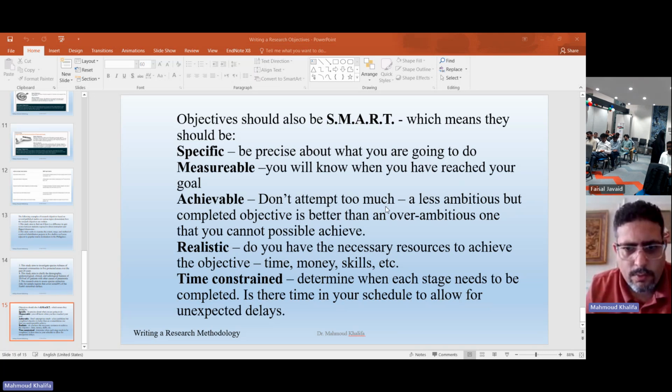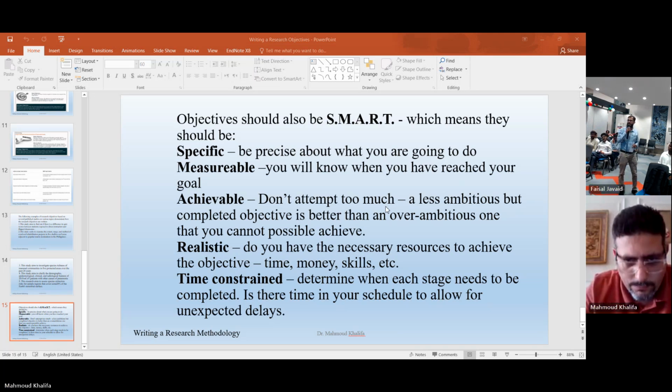And as I mentioned, you have to use measurable verbs. For example, I cannot say collect all the sample from the whole community, because the community is millions of people. Thank you so much, sir.